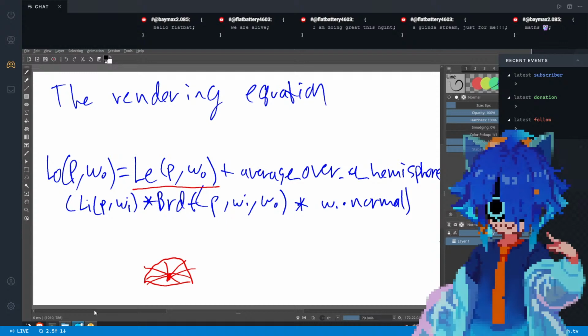It turns out that computers are not good at solving for every possible direction. So there's an unfortunate property of this equation. This average over hemisphere part makes it unsolvable. I can spell.